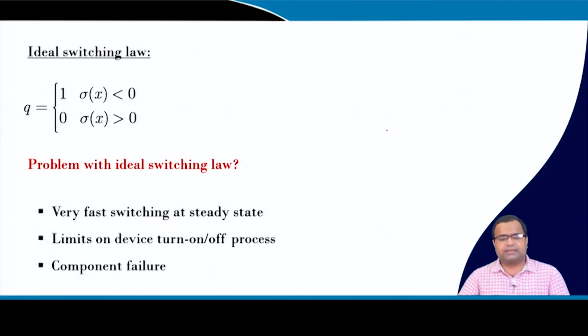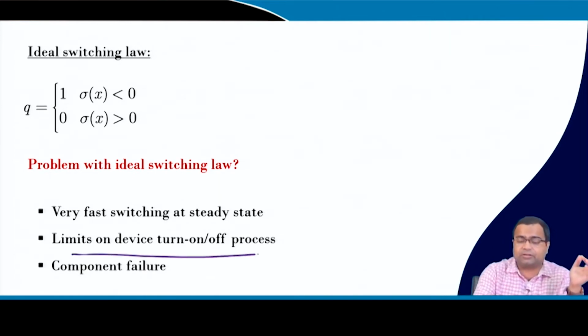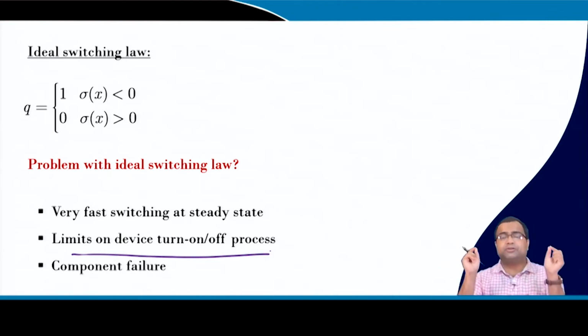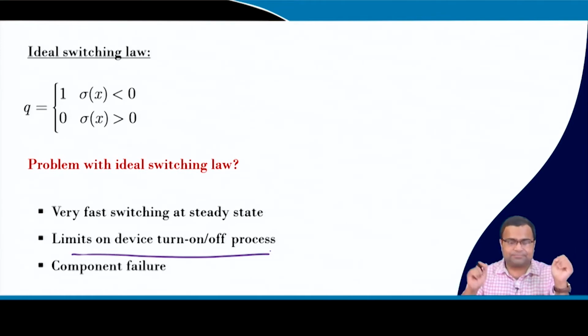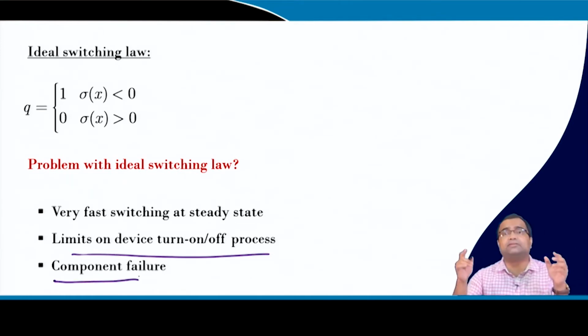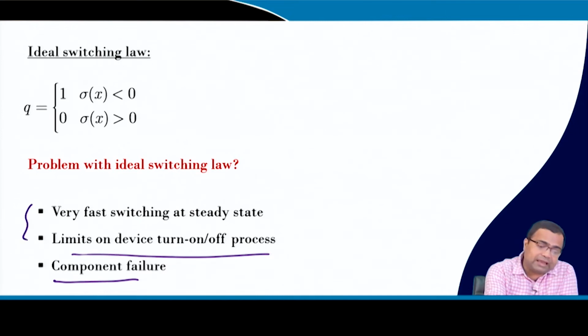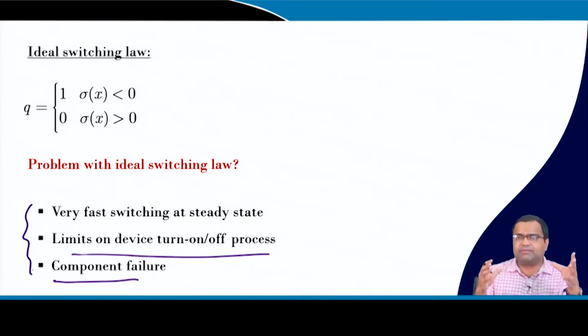It results in very fast switching at steady state, which is not desirable. It can damage the switch, and there is a limit on the practical on-off time of the device. Even for simulation we have a limit because of the simulation step size, and in a practical converter this can lead to component failure because of the heating effect from turning on and off so rapidly. Chattering behavior will also lead to EMI problems, because even if we put in a smaller hysteresis band, the switching frequency can be very high.